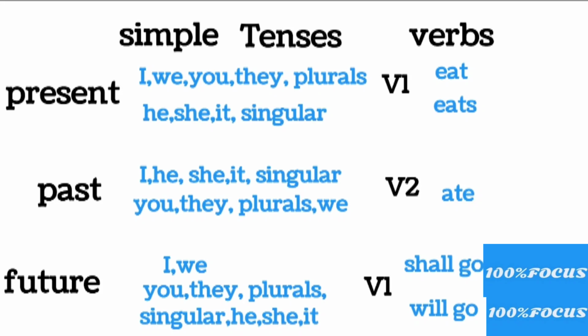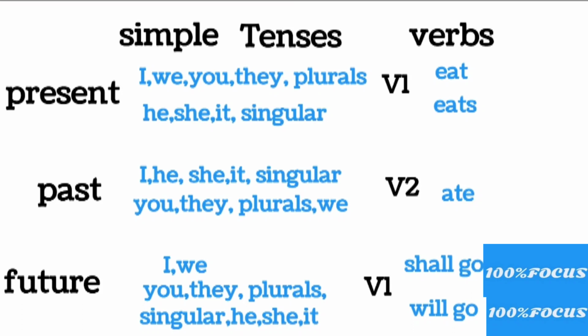And coming to the future, the subjects are I, we, you, they, plural, singular, he, she, it. And here the verb is V1. We are going to use the verb V1 in the future tense. And to that V1 we are adding shall or will in the front.